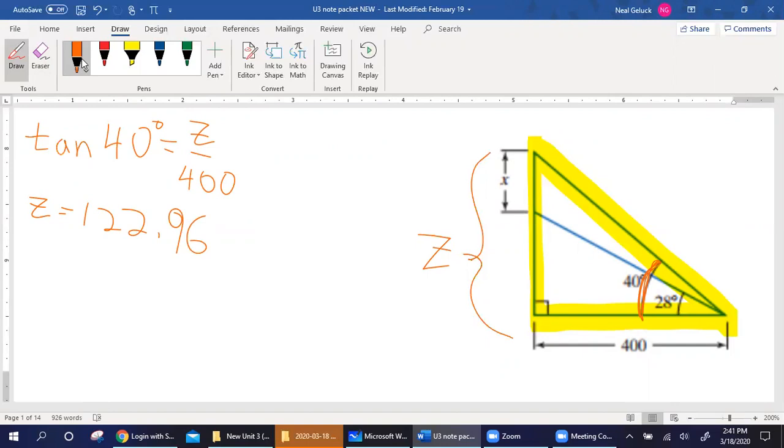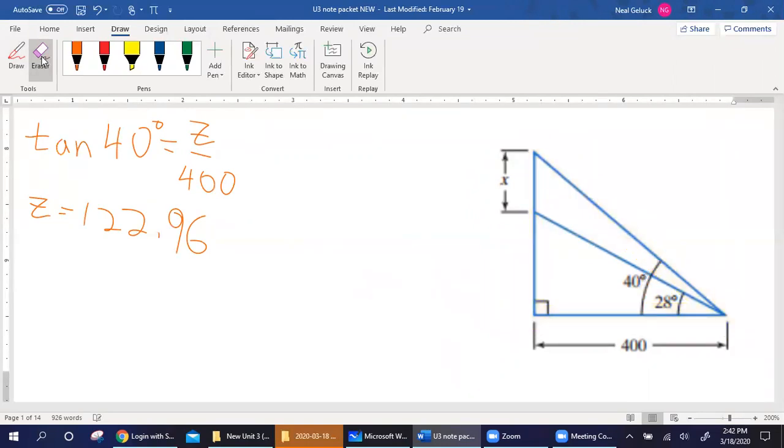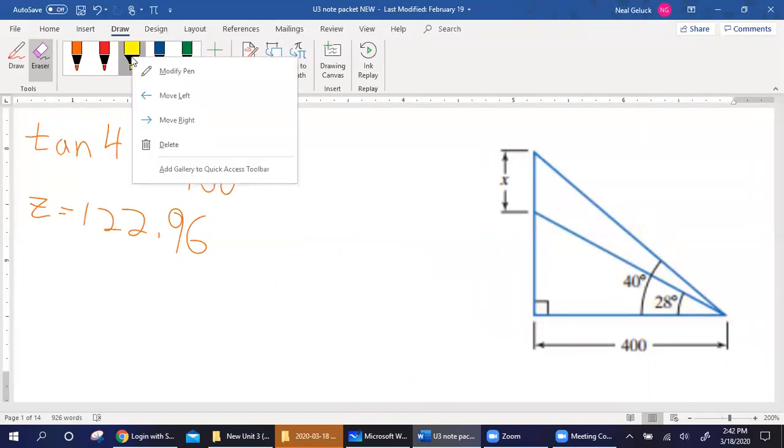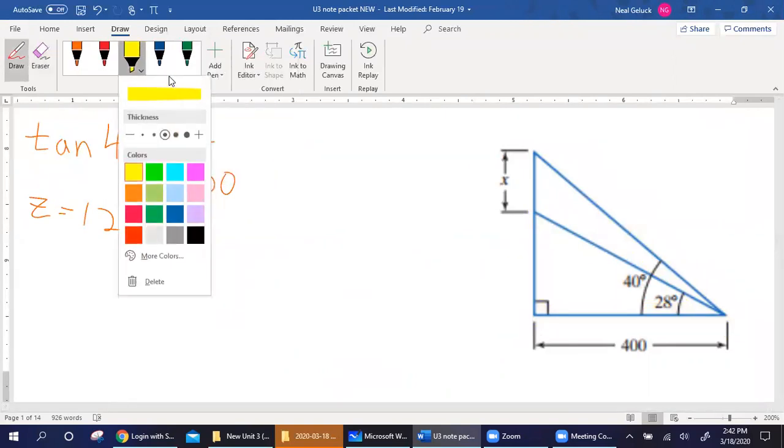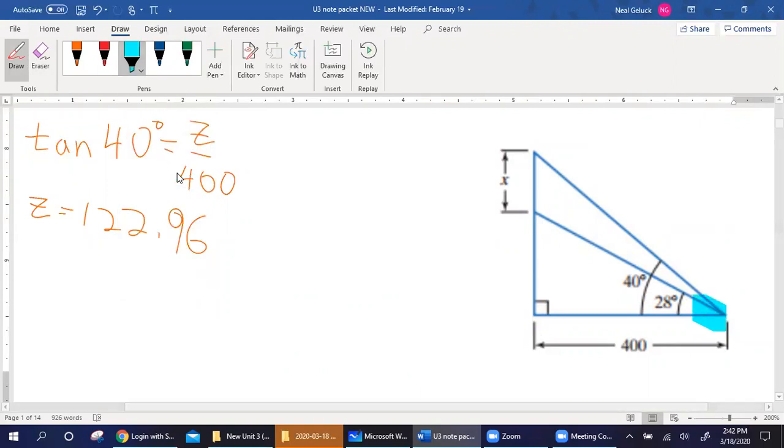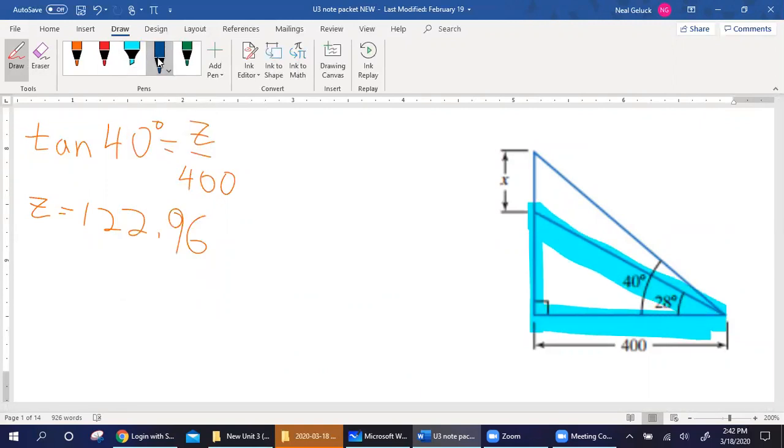Okay, now I'm going to look at this smaller right triangle. Let's change the color here. And I'm going to solve for this missing side, and I'm going to call it Y this time. Still going to be a tangent problem.